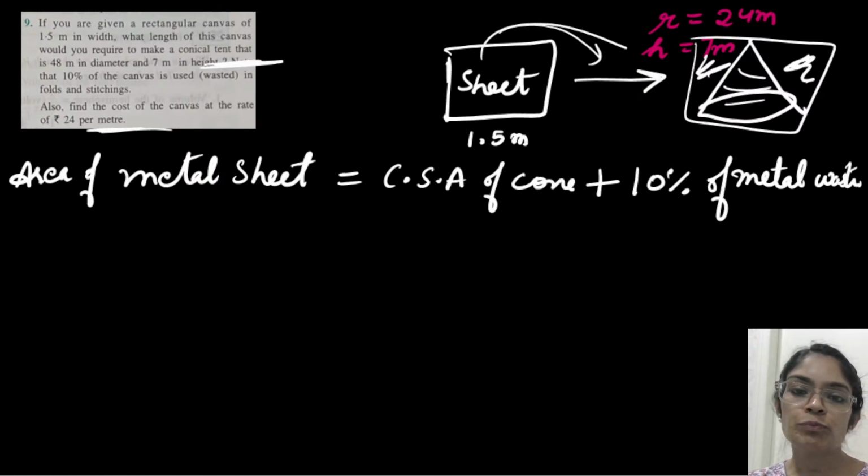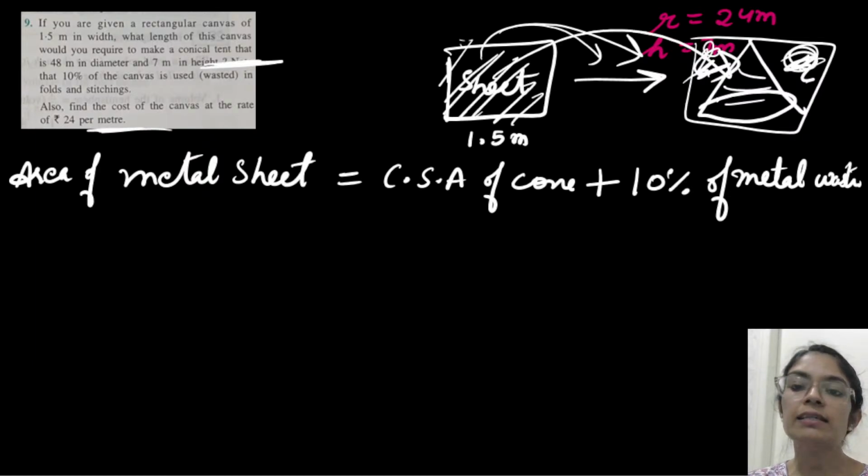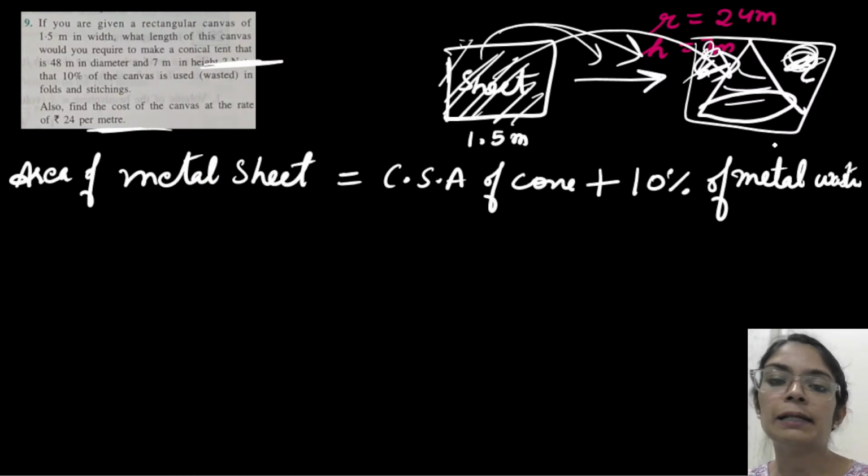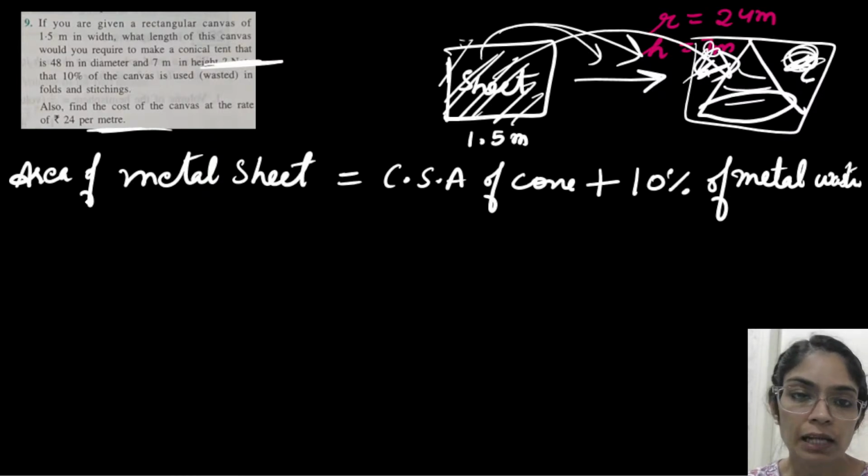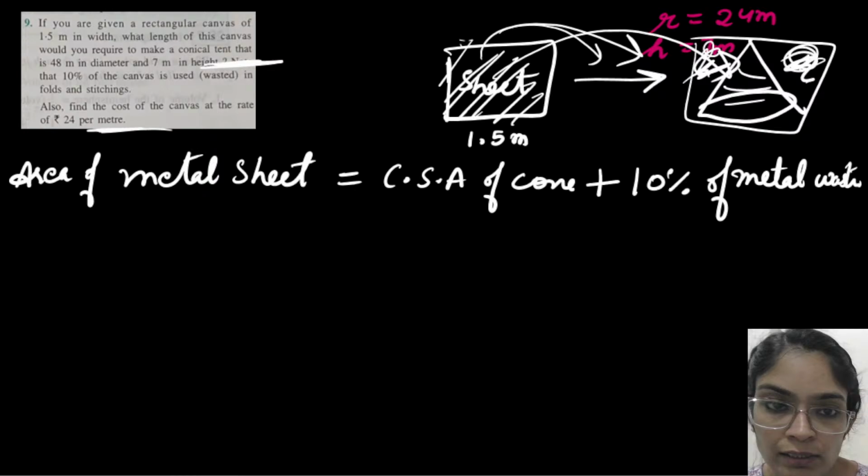Same way here, the sheet is converted to a conical thing, so metal wastage will happen.